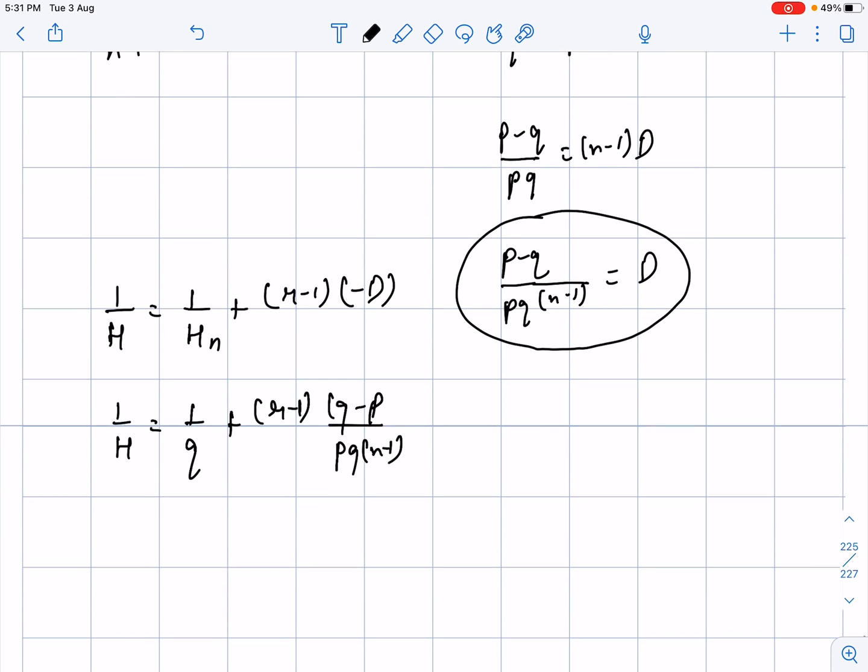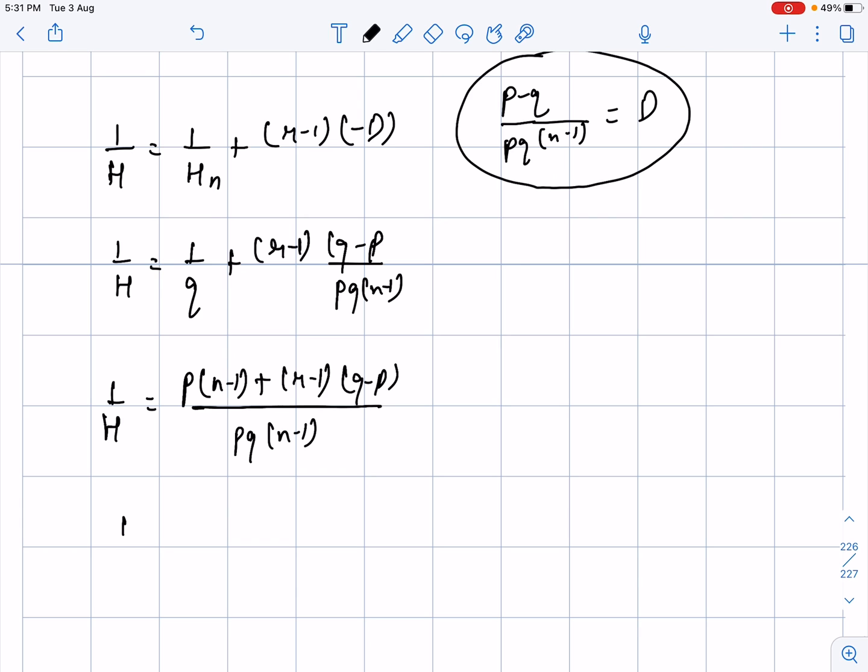So the LCM will be pq multiplied by n minus 1. That means p multiplied by n minus 1 plus r minus 1 multiplied by q minus p is the value of 1 upon h. And since 1 upon h is inverted, h will come out as pq multiplied by n minus 1 divided by p multiplied by n minus 1 plus r minus 1 multiplied by q minus p.